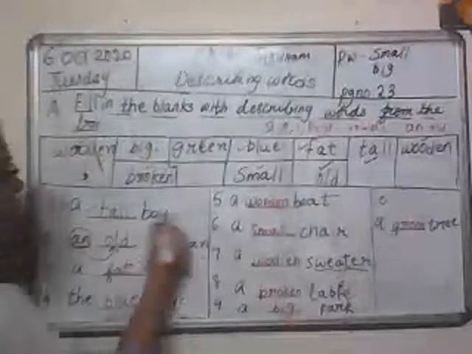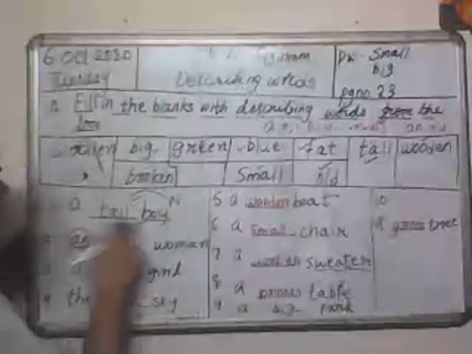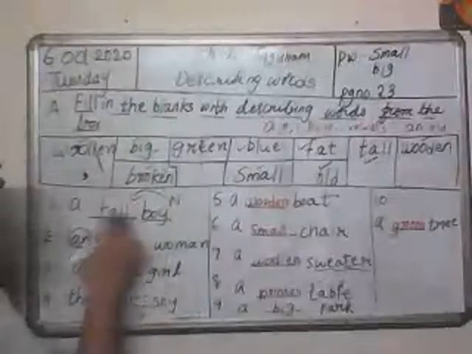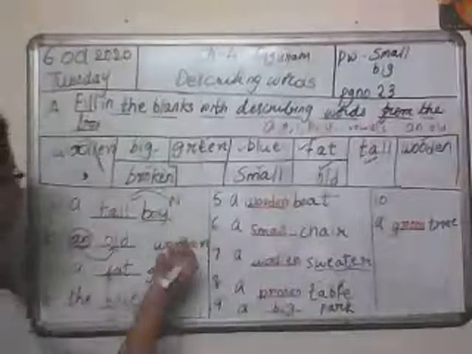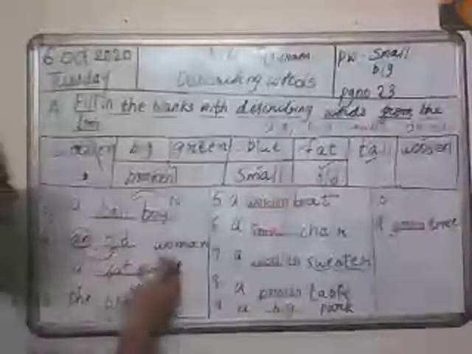Hi, Prabjot and Hitesh. So what we did actually, number one, a tall boy. If you see, boy is a naming word. And how is the boy described? As tall. So a tall boy. Tall is what? A describing word. And a dash woman.